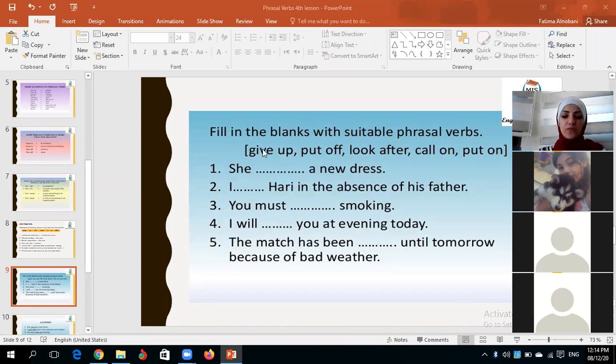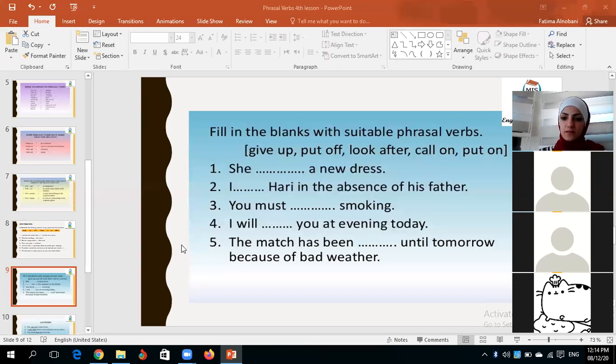Can you do the 5th one? Miro, darling, can you do the 5th one, please? The match will be put off until tomorrow because of the bad weather. Yes, put off means to be postponed, delayed.